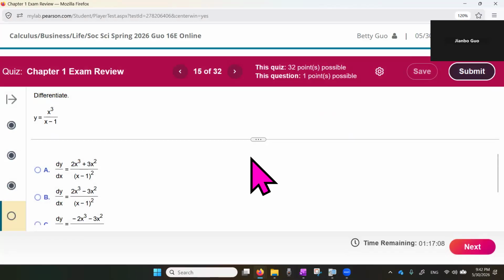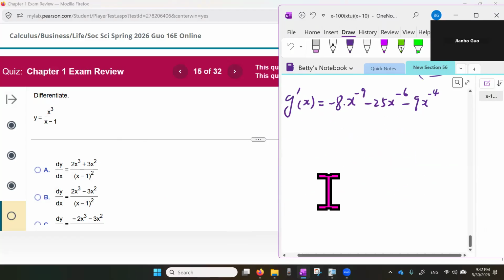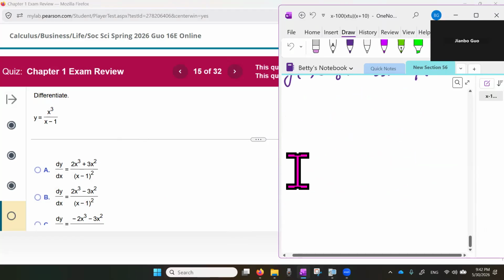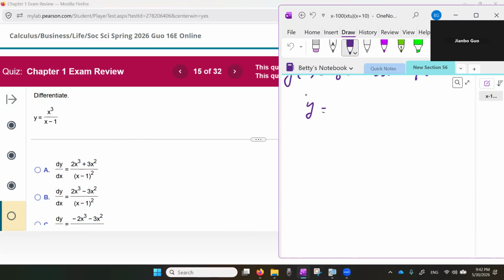Next, question number 15, derivative. We want to use the quotient rule for this one, okay? You remember the formula for the quotient rule? If y equals f over g, then y prime is f prime g minus f g prime, all over g squared.